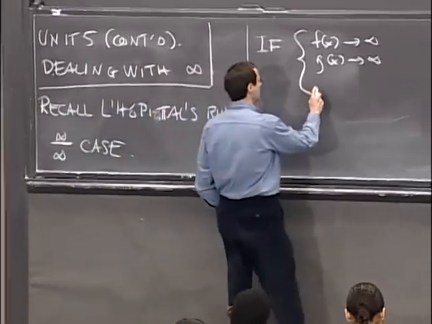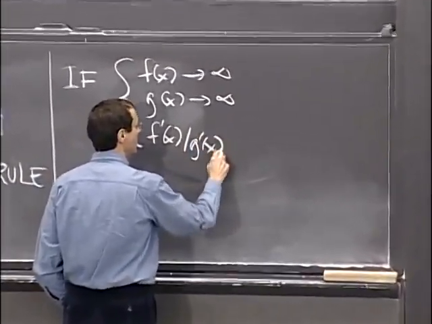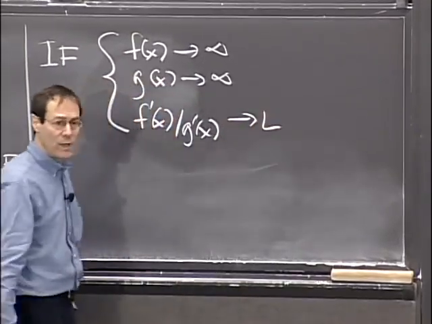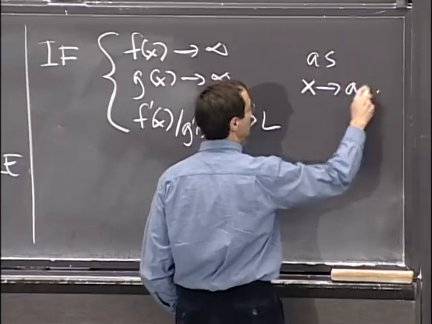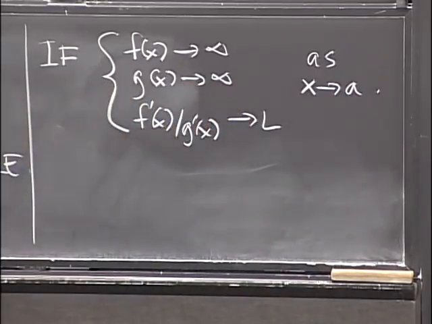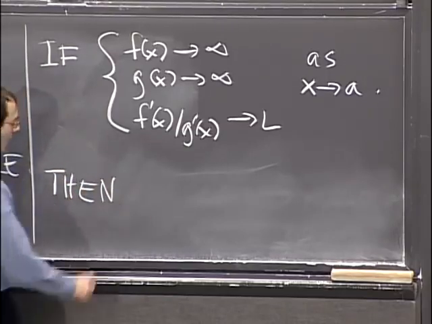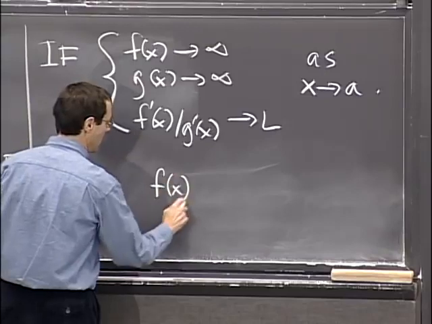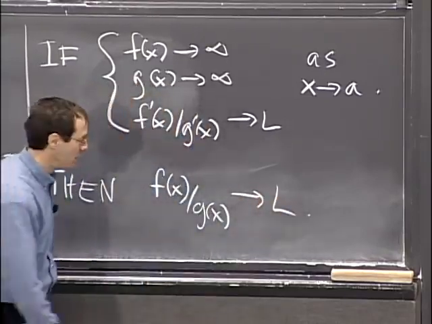And then the last assumption is that f prime of x divided by g prime of x tends to a limit, L. And this is all as x tends to some limit a. And then the conclusion is that f of x divided by g of x also tends to L as x goes to a.